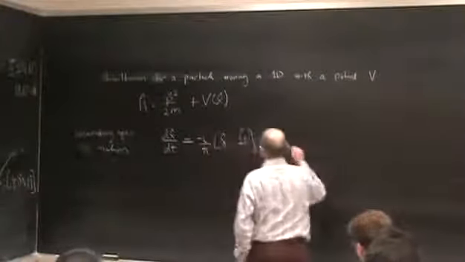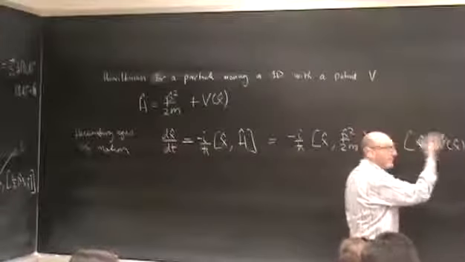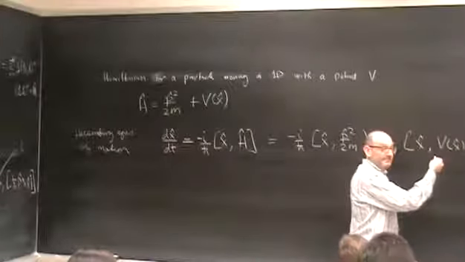Well, plugging that in, I get minus i over h bar, the commutator with the kinetic energy term, and the commutator with the potential energy term. Of course, this is 0 because x commutes with any function of x.